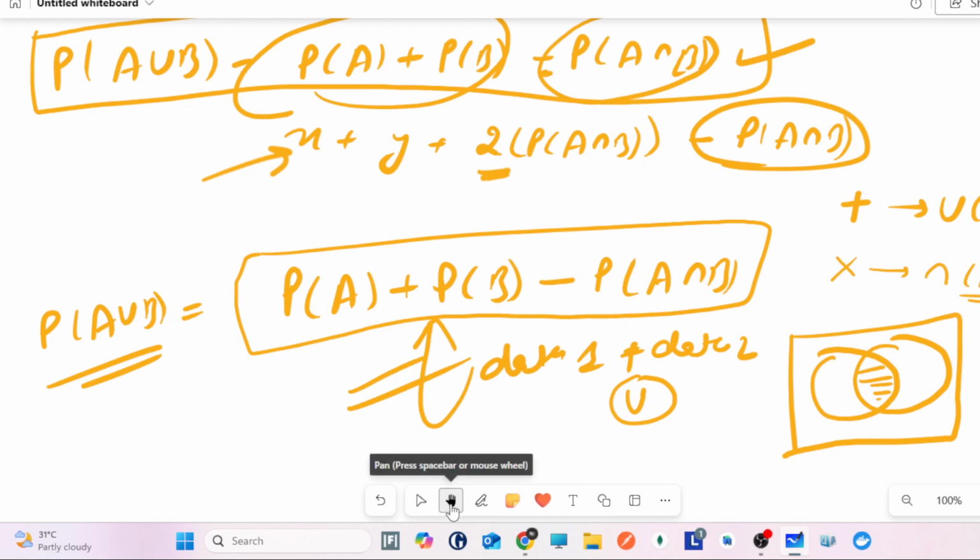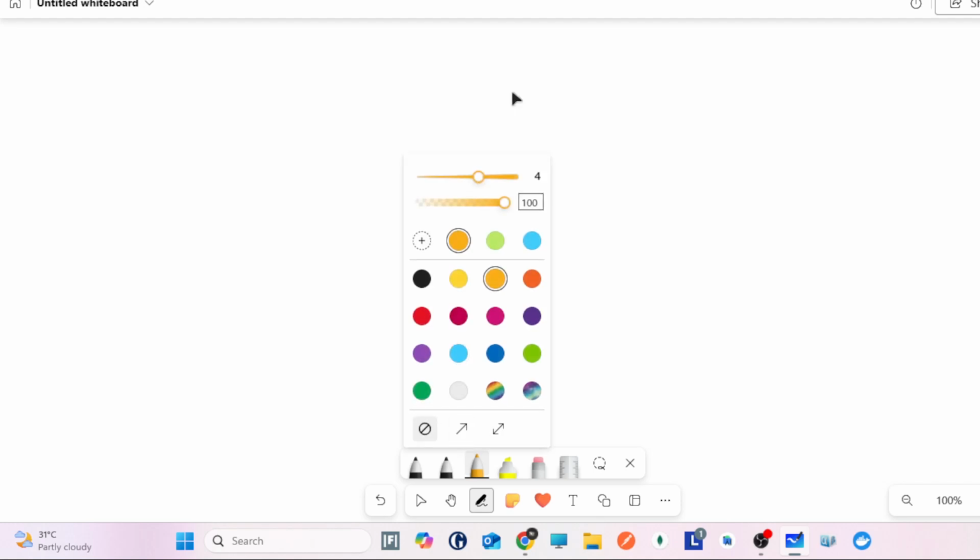So again, now you can complicate things. How can we complicate things? By considering three outcomes, three sample spaces. Let's change the color, let's take blue. Okay, let's take three sample spaces. I am not going to derive the formulation, I will just explain the three sample spaces and then directly give you the formula.